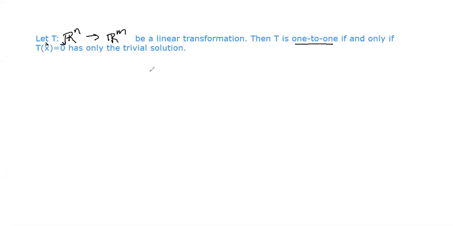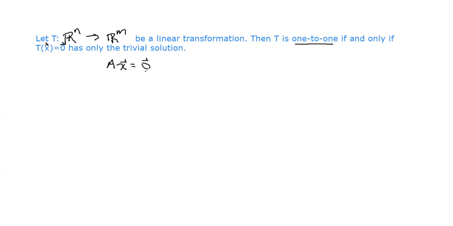So this actually makes quite a bit of sense, right? Because we know from our study of homogeneous systems in section 1.5 that if we have a homogeneous system, this always has the trivial solution. If it has a non-trivial solution, that would mean 0 would get hit by infinitely many points by our transformation. That's clearly not one-to-one. So we're trying to say if it's one-to-one, it should only get hit by the trivial solution.